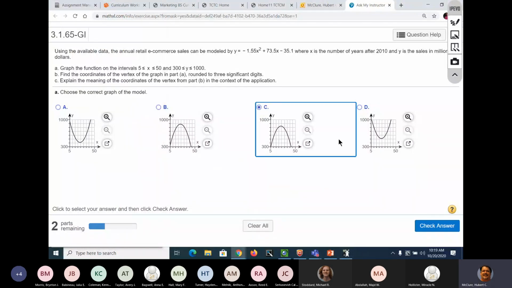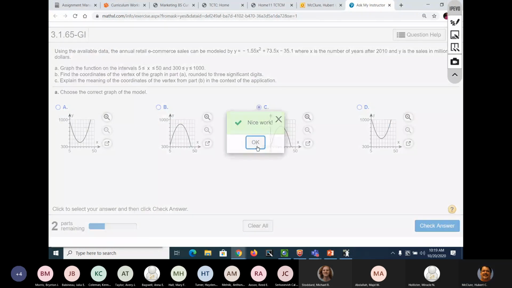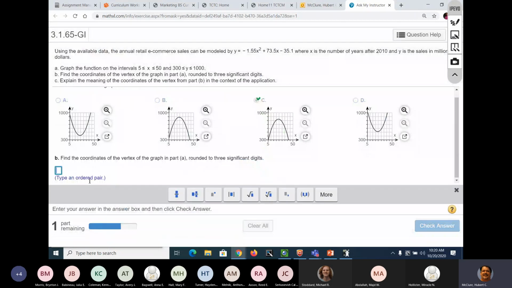I think it's Charlie. Parentheses 23 point, and they want 3 significant digits. Well, technically that'd be 23.7, comma 836.